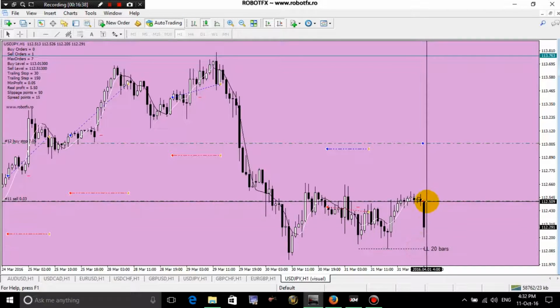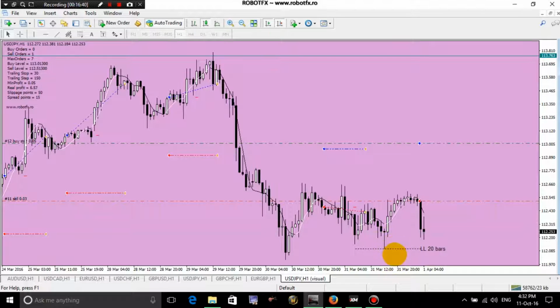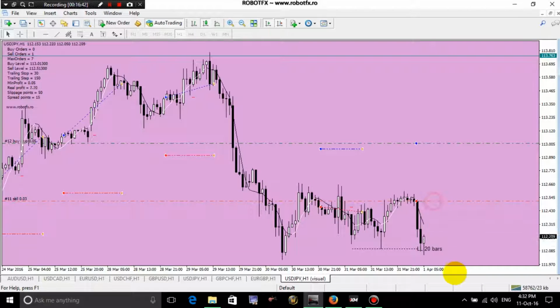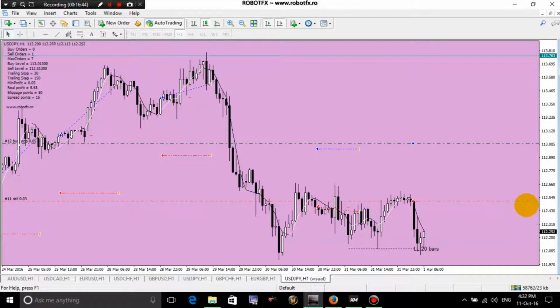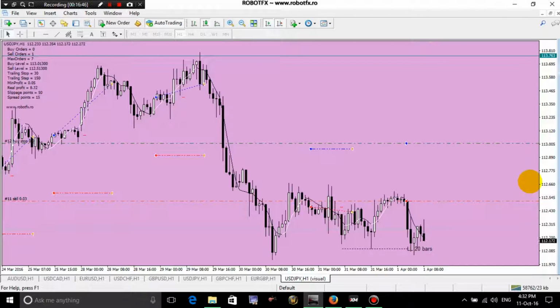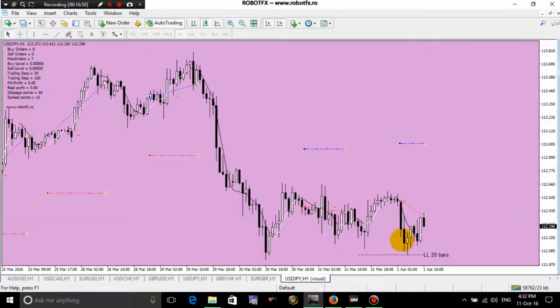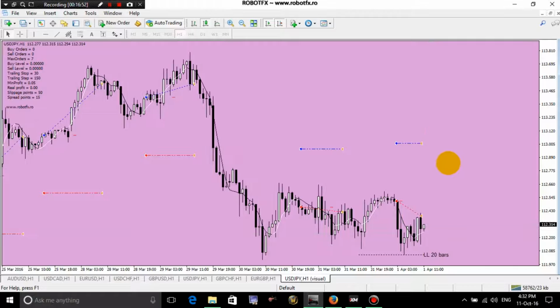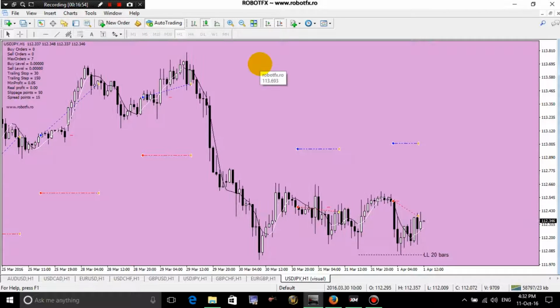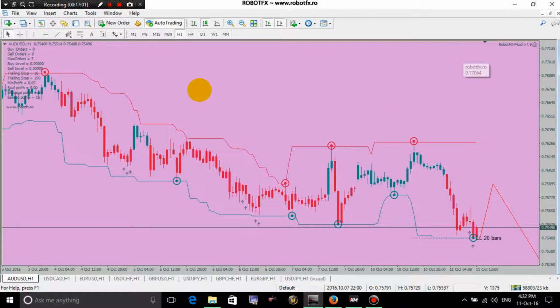The price was more than 20 pips away from the last lowest low. Stop loss was triggered. Nothing can make us lose this trade anymore. The worst case scenario, the price will reverse, drop the stop loss, close this trade, and cancel the pending order. Anyway, this is how it works. This is the new thing that this version of the expert advisor brings.